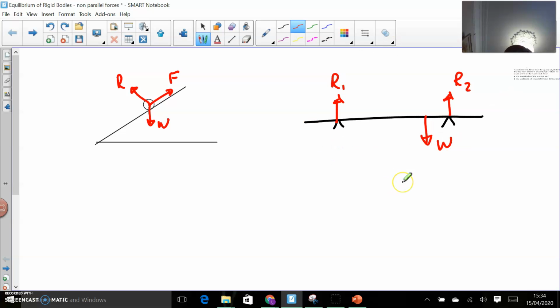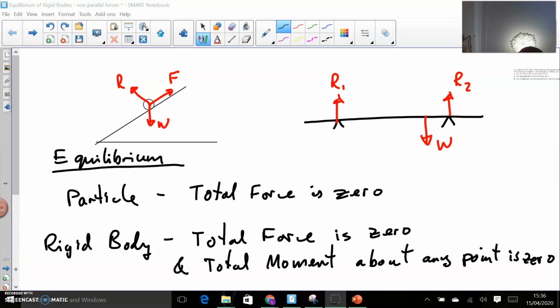In this case, the sum of the forces must be zero, and also the sum of the moments of the forces about any point must be zero. So for a particle, the total force must be zero, and for a rigid body, we have two things: the total force is zero, and also the total moment of all the forces about any point must also be zero.